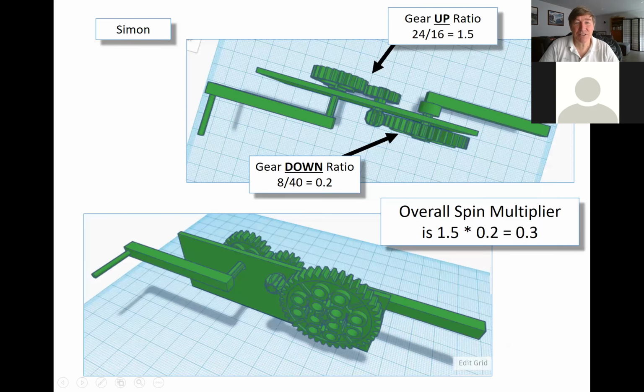All right, so Simon's got a design here where his overall spin multiplier, you can see, is the same spin multiplier that Annette had, and he also has a very similar problem. Now, if you look up here, you can see that Simon has extended the shaft out here, so hopefully he should be able to spin the handle without hitting the gears.